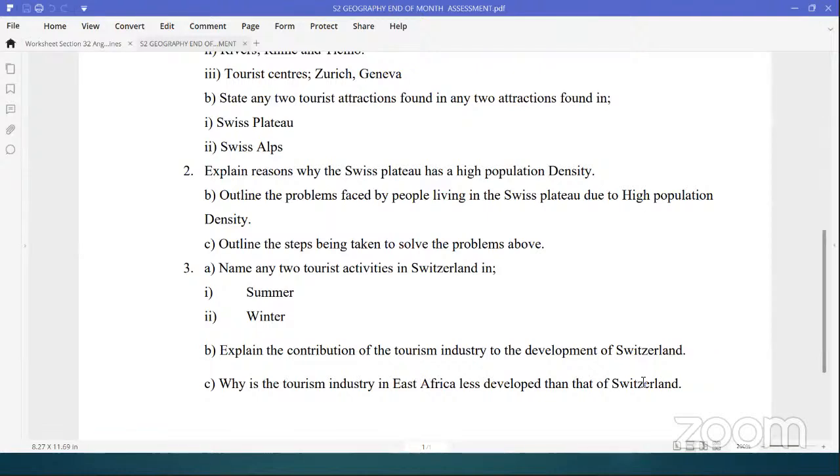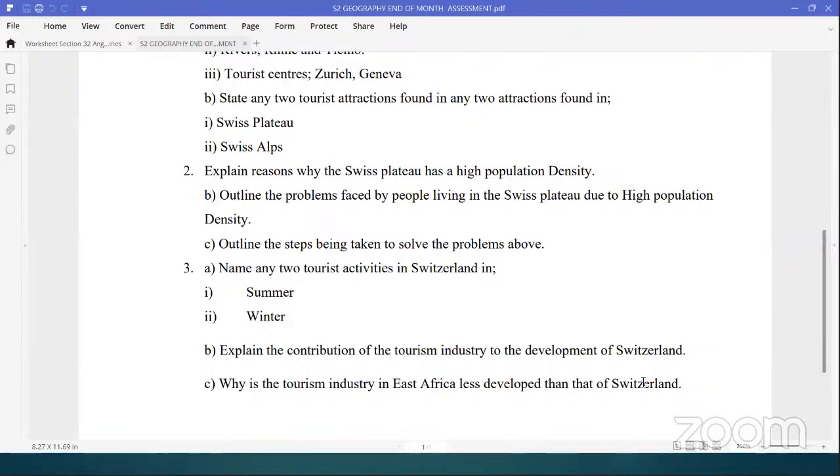Thank you. Technopop. There is political stability. Wow. Political stability in Switzerland.